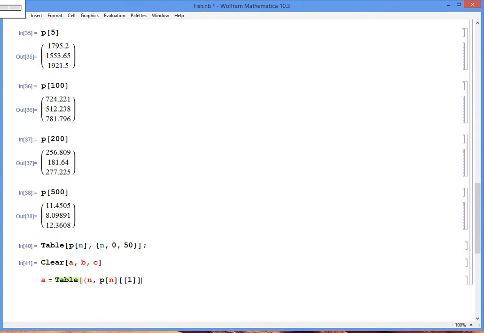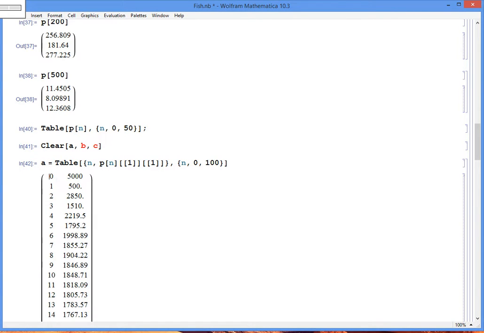That's what this double bracket 1 says, the first item on the list. And then I've got to put this other double bracket 1. That removes the curly brackets from the list value. Okay, and so I want that. I'm changing the variable n, starting at 0, going out to 100. Let's just see what this looks like.